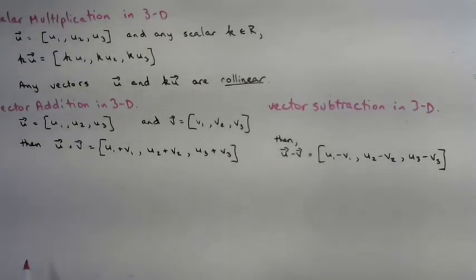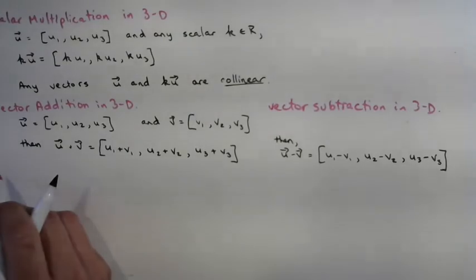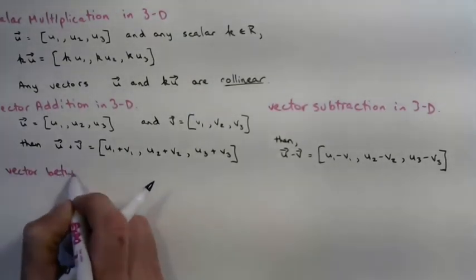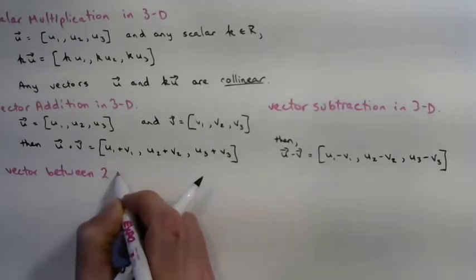Carrying on. What about the vector that is not having its tail at the origin? Vector between 2 points.